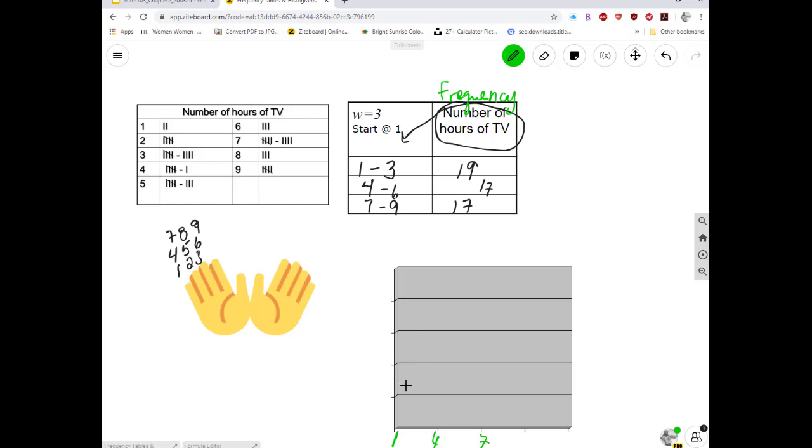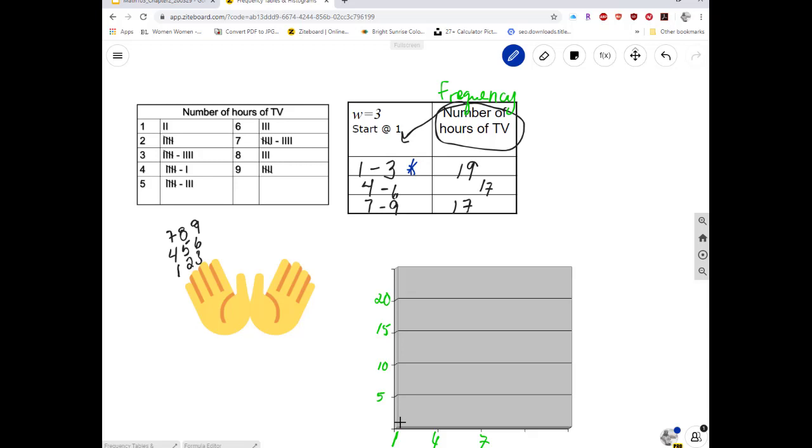And just for the sake of making things a little bit more clear, I'm going to make these intervals by 5. So that's 5, 10, 15, and 20. And I'm going to draw my bar graphs right here. So let me do this one in blue, just so you can see how I'm doing this.